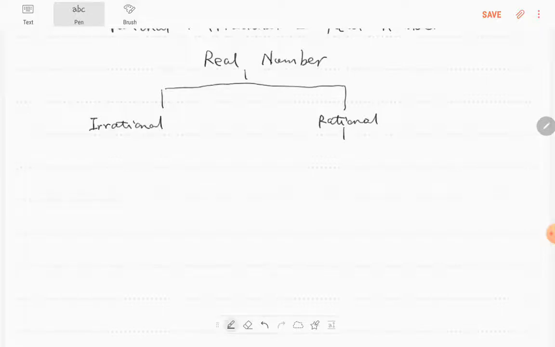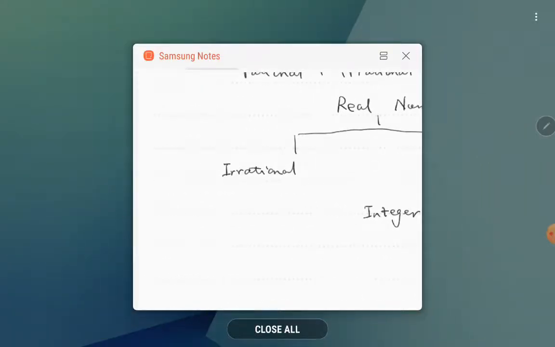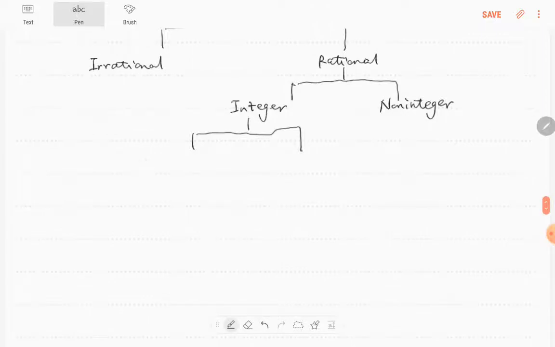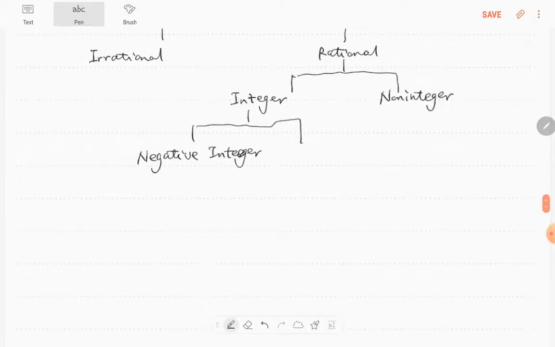Okay, rational numbers have integer numbers and non-integers. Okay, integer numbers can be negative integers, and can also be whole numbers.